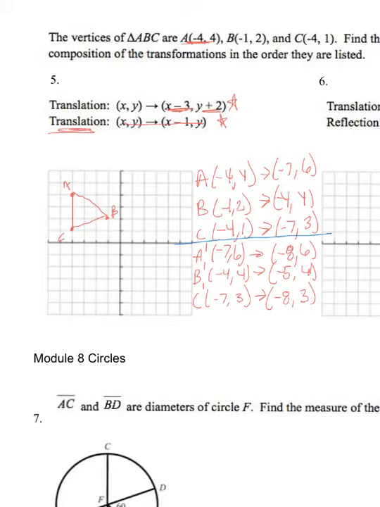Okay, so if I went up 6, it's actually like here. That's A prime prime. And then negative 5, 4, I think that actually can graph on there. Negative 5, up 4, 1, 2, 3, 4. Here it is. That's B prime prime.